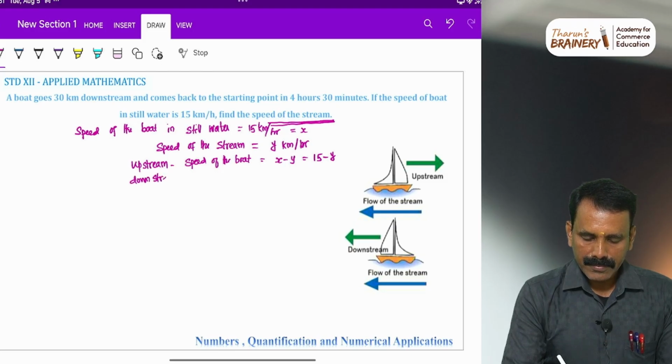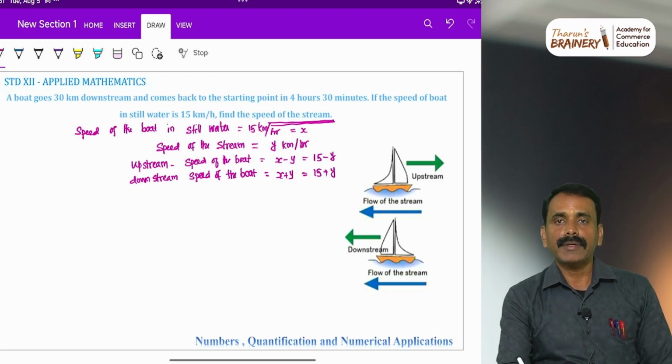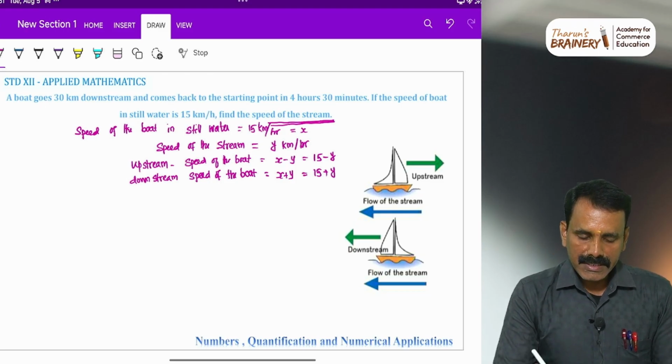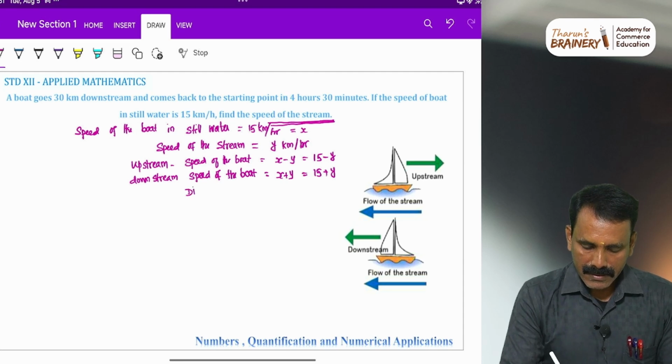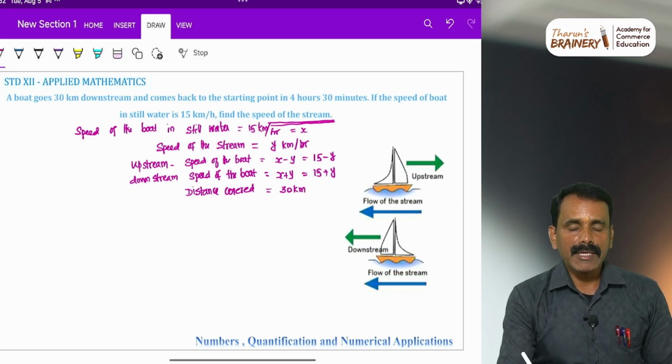Downstream, speed of the boat, which is nothing but x plus y, which is nothing but 15 plus y. So speed we found out with the given data, and the distance covered is going to be 30 km for both upstream as well as downstream.